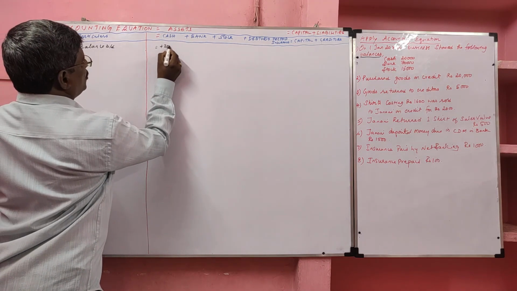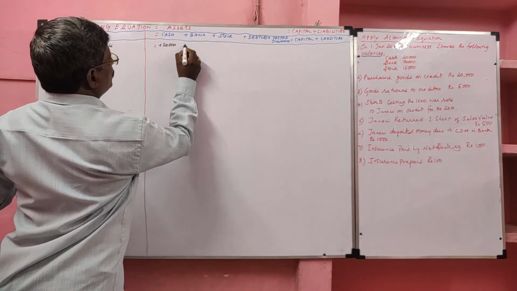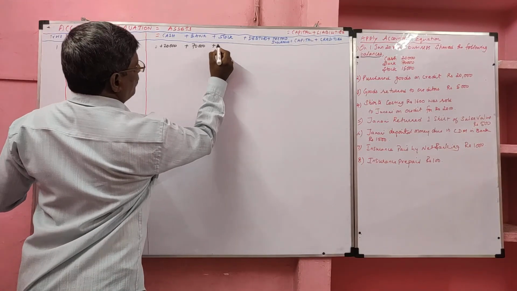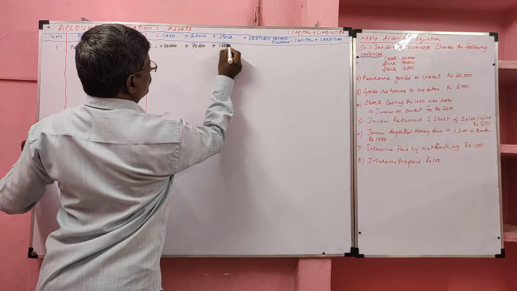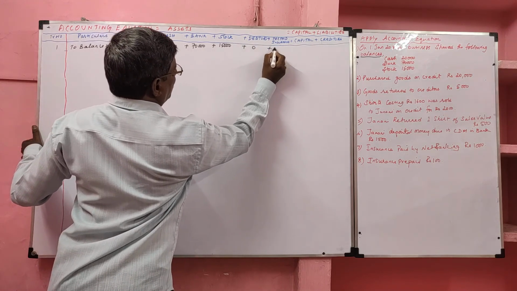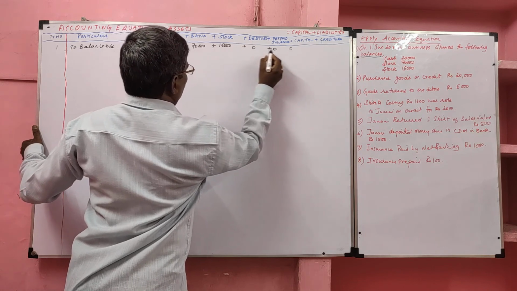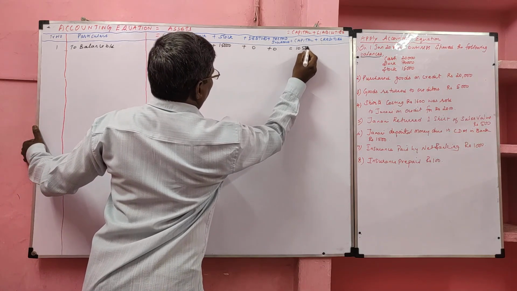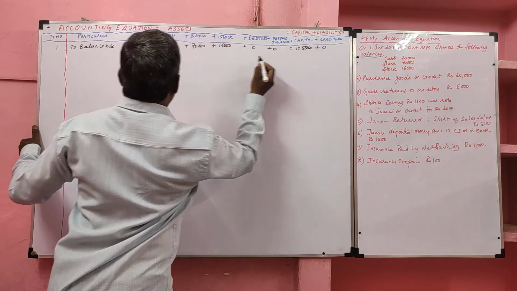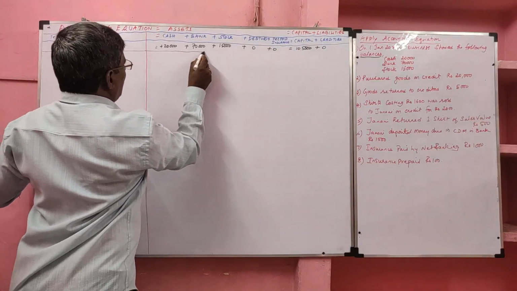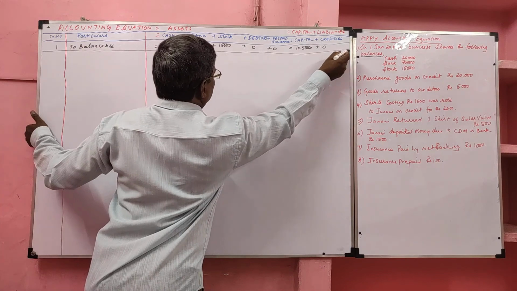Cash 20,000. Bank balance 70,000, stock balance 15,000, debtor not given, prepaid not given. So add cash, bank and stock, total 1,05,000 is capital. In this problem, balances are given.